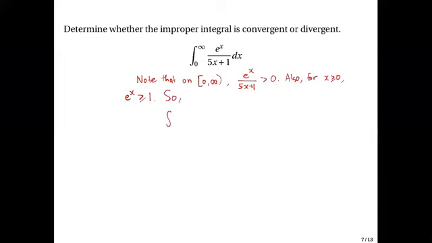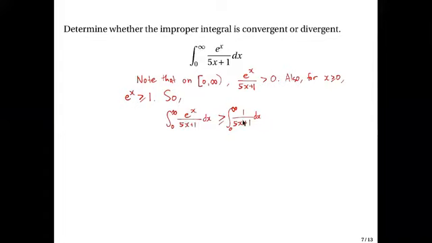So the integral from 0 to plus infinity of e to the x over 5x plus 1 dx will be greater than or equal to the integral from 0 to plus infinity of 1 over 5x plus 1 dx. We will show that this one is divergent, and therefore the other must also be divergent.